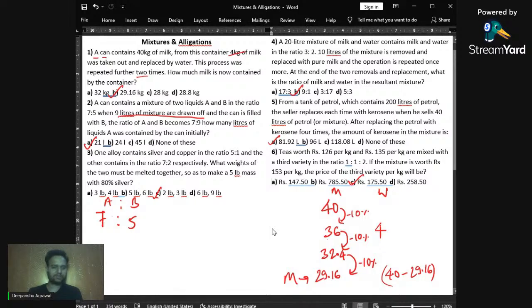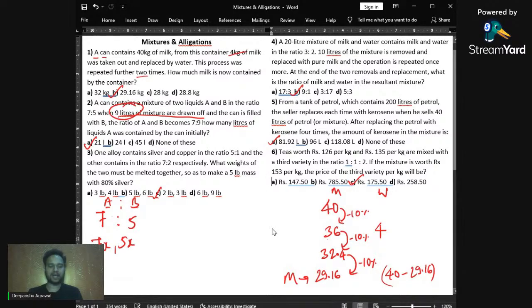Correct. So first of all, we need to take the volume of A and B inside this container as 7x and 5x, the volume of the container which contains A and B, right?